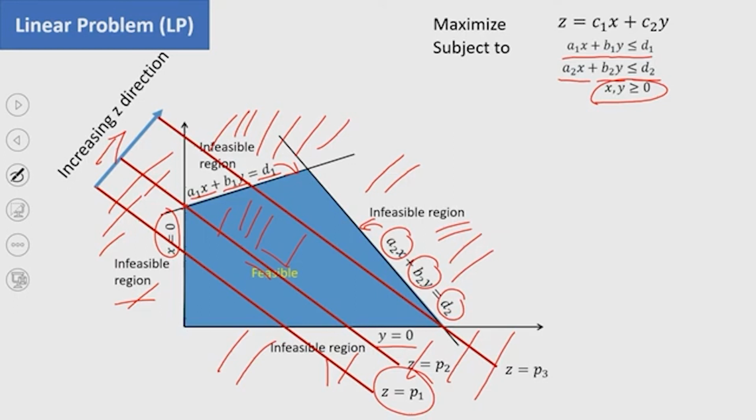Because our objective is to maximize z, in this direction the z value is increasing, and finally I get a solution here. This is the best solution, because after that any line I draw will be in the infeasible region. So, this is the point that maximizes this particular function.